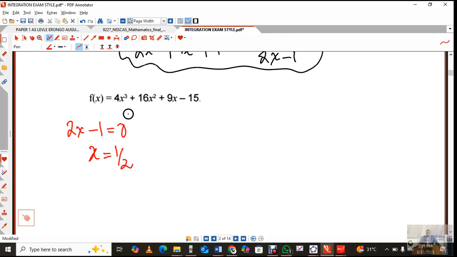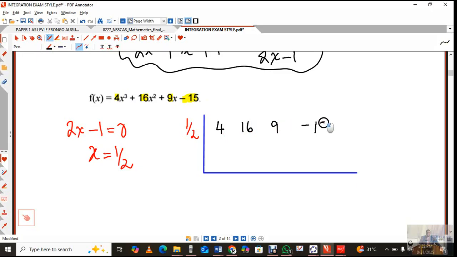Right, so you're going to obviously start off, maybe you can draw yourselves a line like so, and a line like so. Okay, and then I'm going to put my a half over here. And these coefficients that I have here, these constants, I'm going to write them over here, so that is going to be 4, that's going to be 16, that's going to be 9, and that's going to be negative 15.